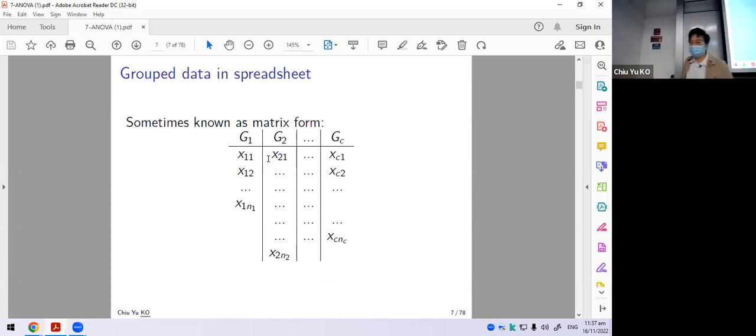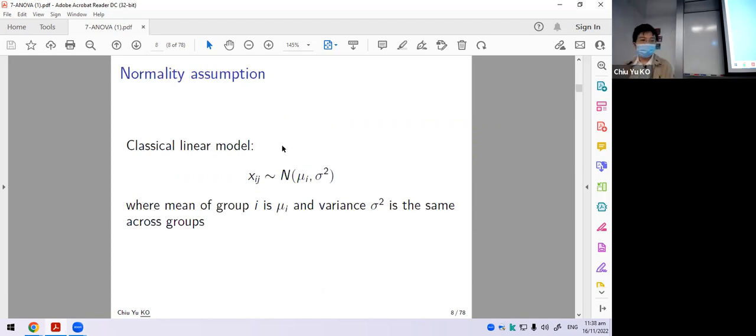This is the form that will be used in our Excel. Later you will see. Okay, and the main idea is we have some normality assumption which says each group is a bell shape with the same variance.